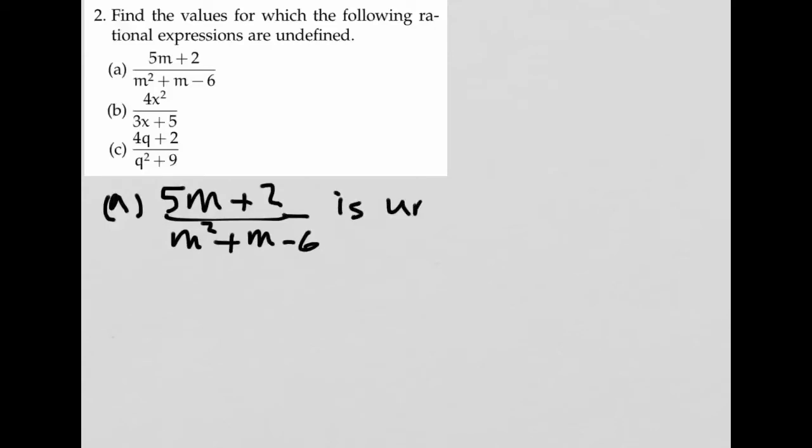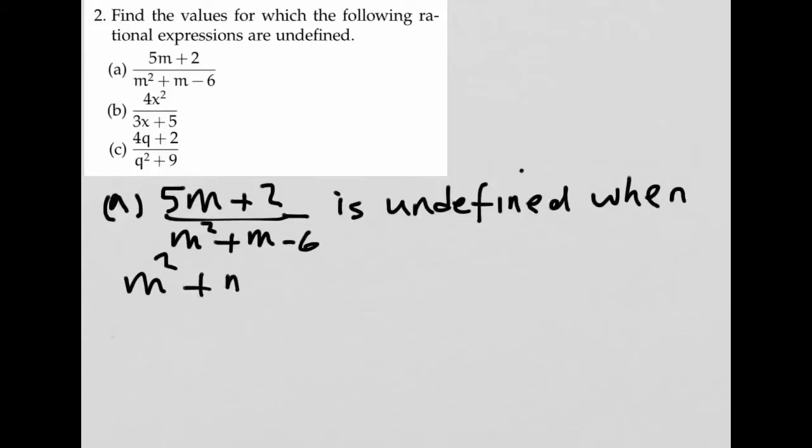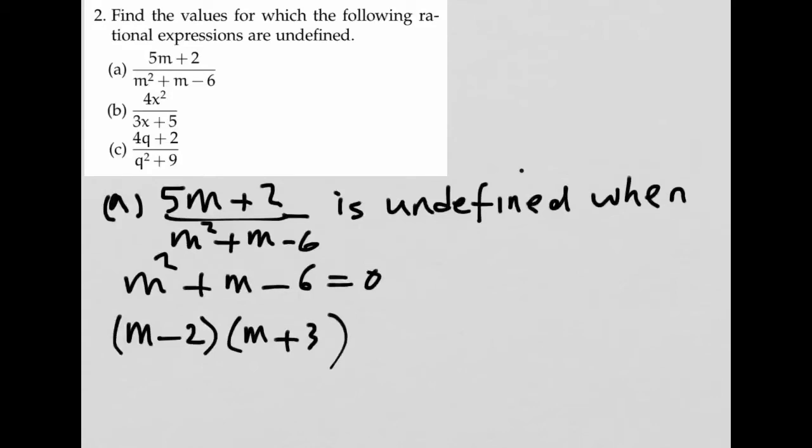we say that 5m plus 2 over m squared plus m minus 6 is undefined when the denominator m squared plus m minus 6 equals 0. Well, m squared plus m minus 6, we can factor that as m minus 2 times m plus 3 equals 0.